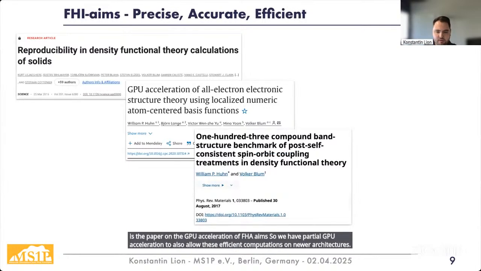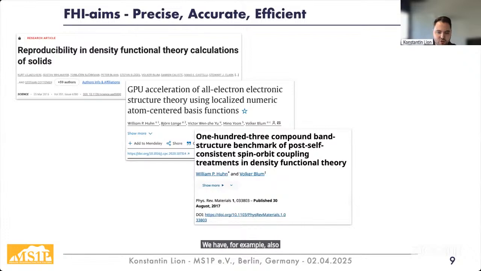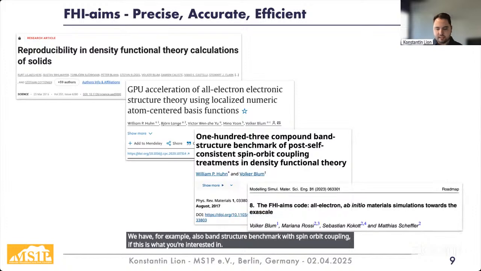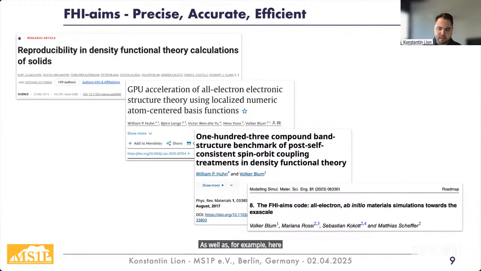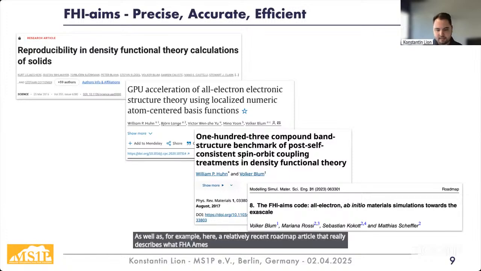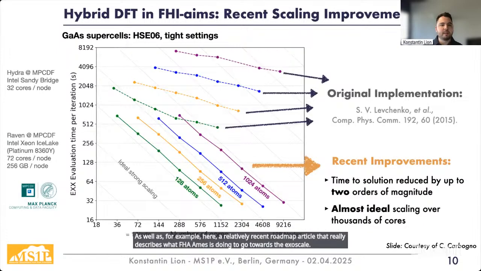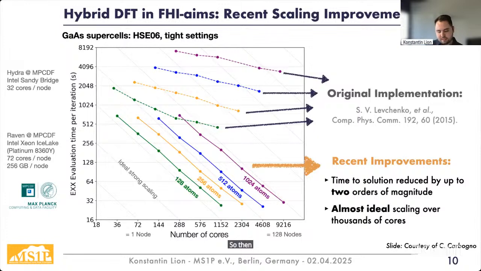We also have, for example, a band structure benchmark with spin-orbit coupling, if this is what you're interested in, as well as a relatively recent roadmap article that describes what FHI-aims is doing to go towards the exascale.